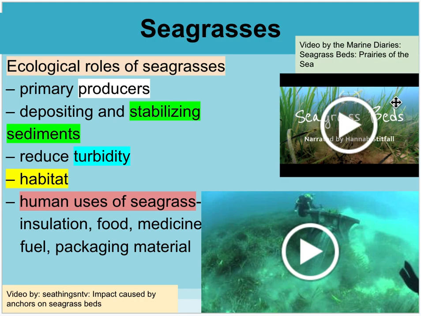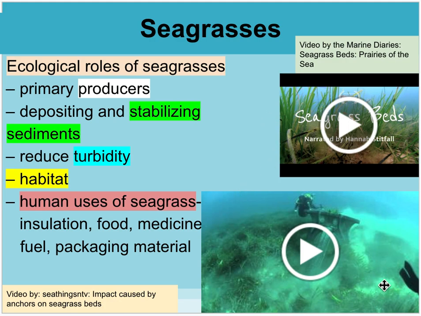Here's two cool videos to check out. One is by Marine Diary, Seagrass Beds, Prairies of the Sea, and the other one is a video by Sea Things NTV, Impact Caused by Anchors on Seagrass Beds.